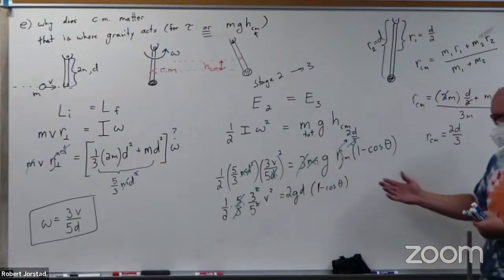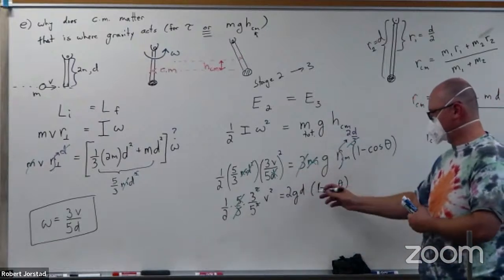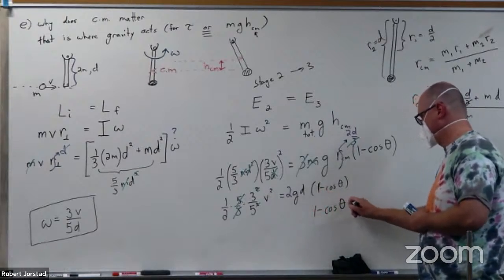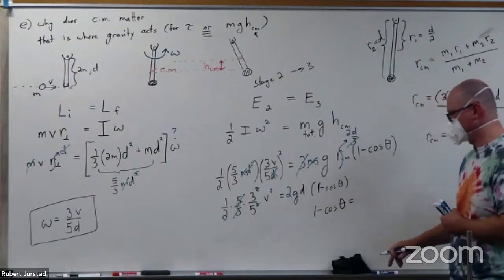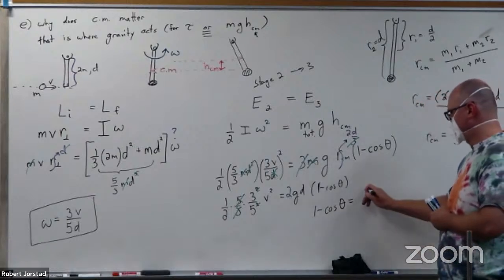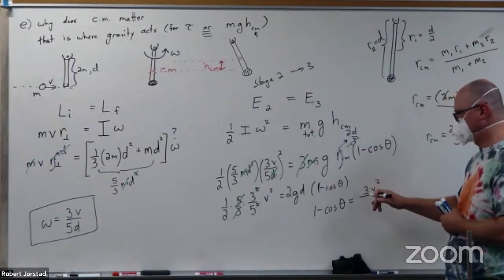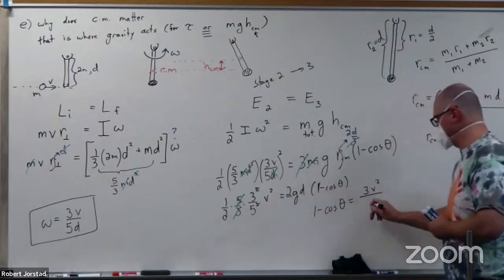So after all that rearranging, I'm going to get 1 minus cosine theta is equal to, oh my gosh, 3 V squared all over 20 GD.